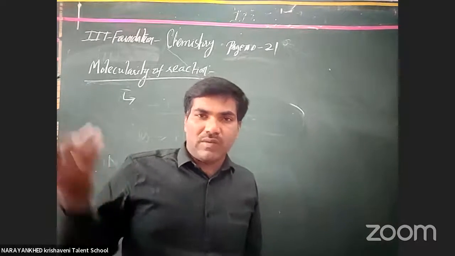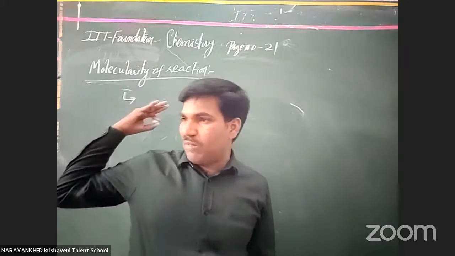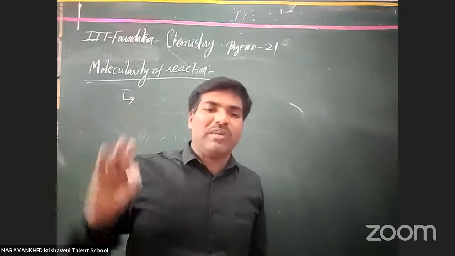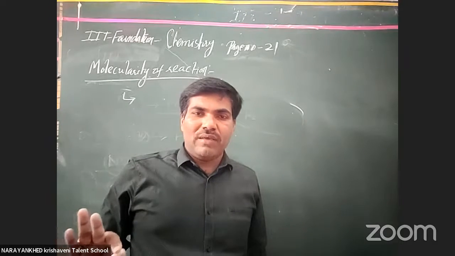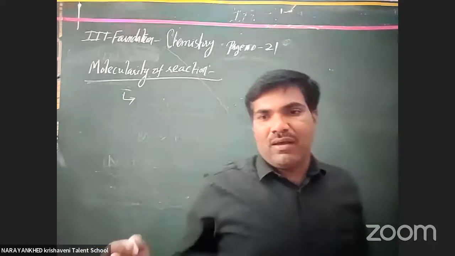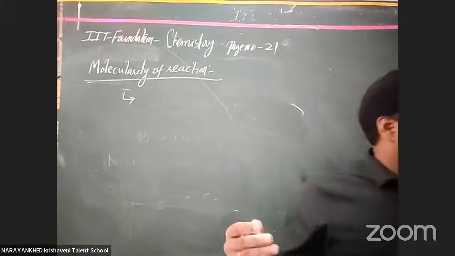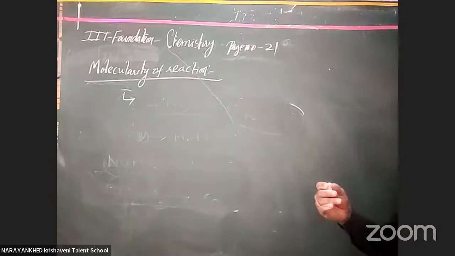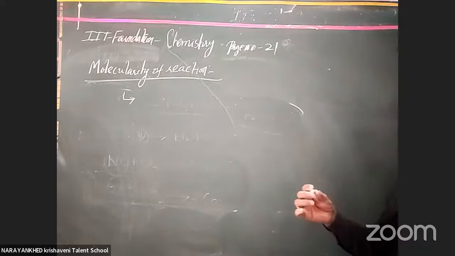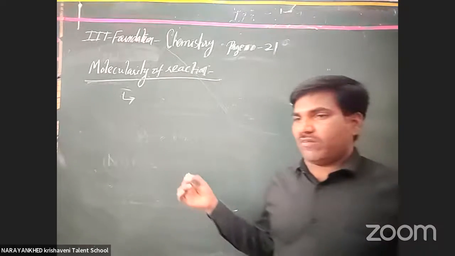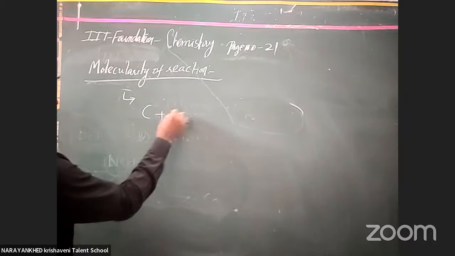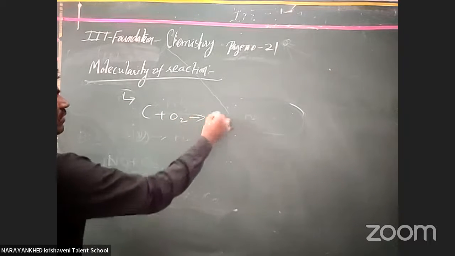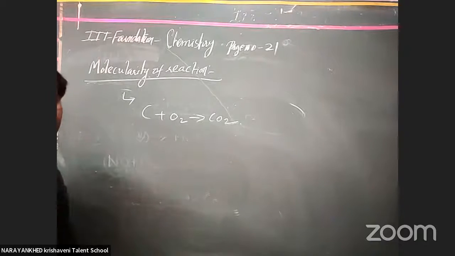Every time, whatever we are considering in these stoichiometric equations may not be possible in practice. Clear or not, all the students? Suppose I take this equation: carbon plus oxygen gives carbon dioxide.